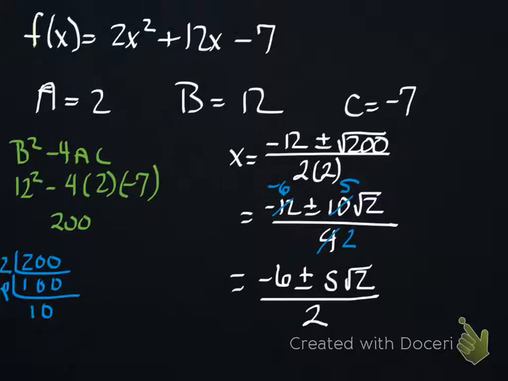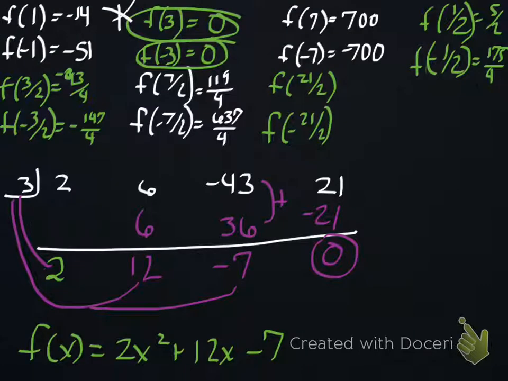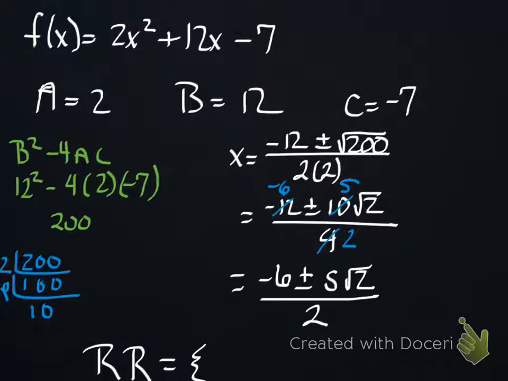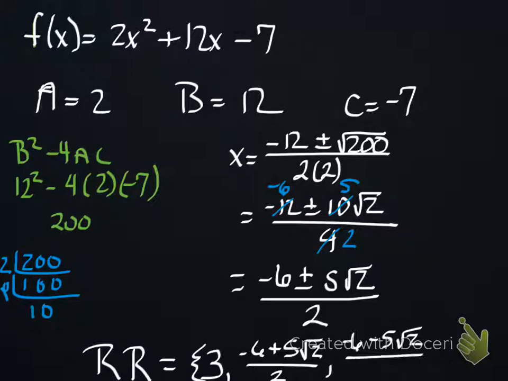So our answers for our rational roots are that first one we had, which was 3, comma, negative 6 plus 5 square roots of 2 over 2, negative 6 minus 5 square roots of 2 divided by 2.